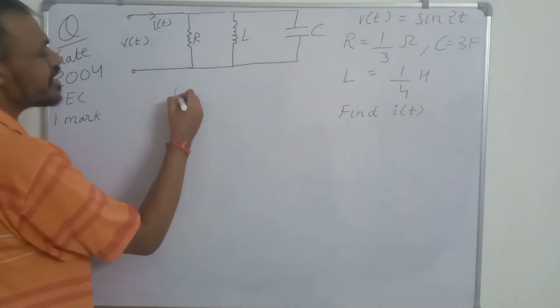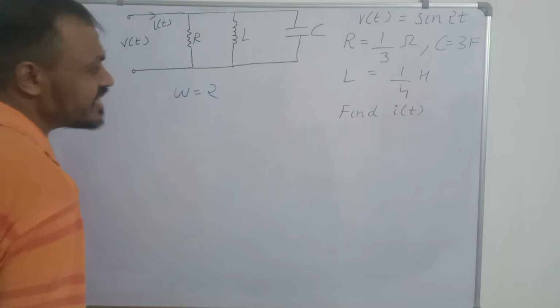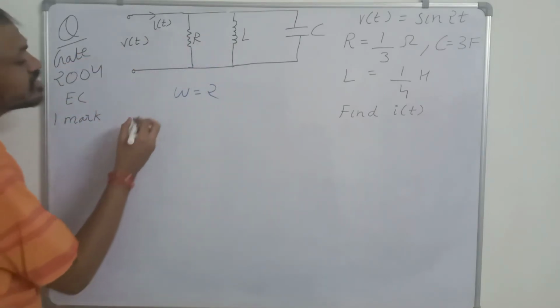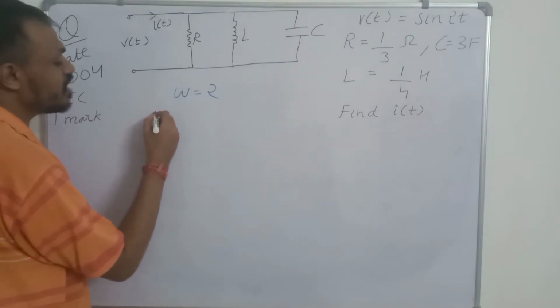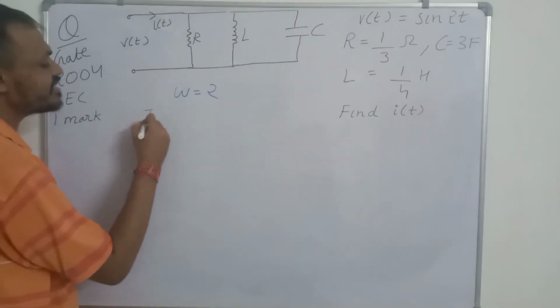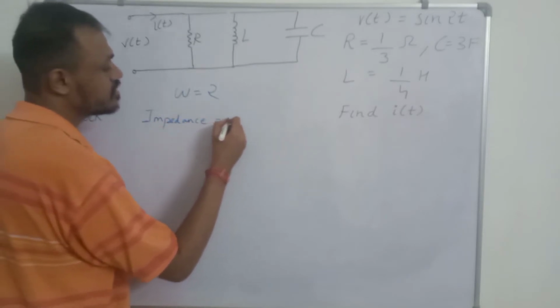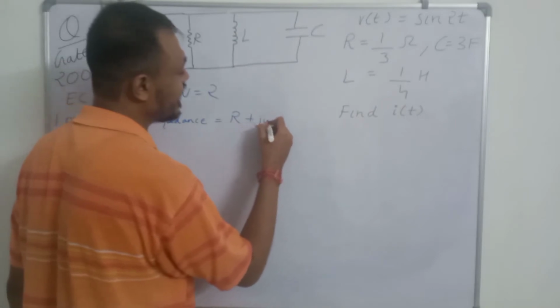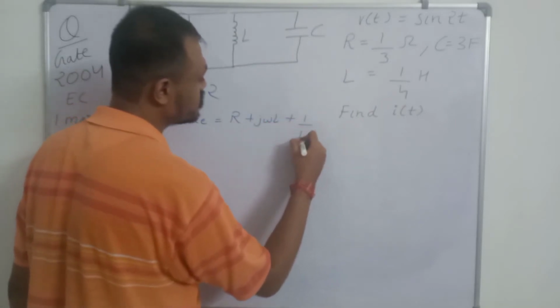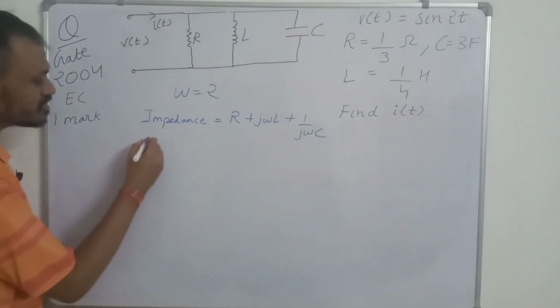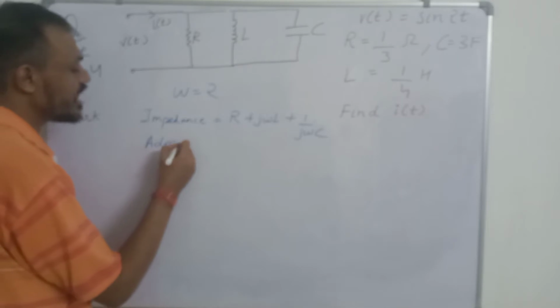Now we are given a parallel RLC circuit. When you are given a parallel RLC circuit, then instead of impedance, it is better to find admittance, because admittance will directly add up. If we had to find impedance, it is given as R plus j omega L plus 1 upon j omega C, and admittance is the opposite of it.